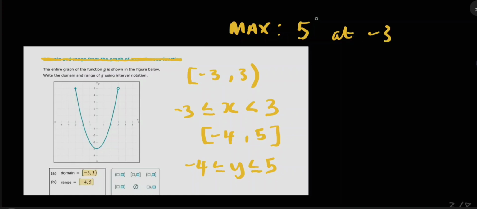This is our maximum. So how about our minimum? Our minimum is the lowest point, so our minimum here is -4, and it is at 0. So this is our minimum.